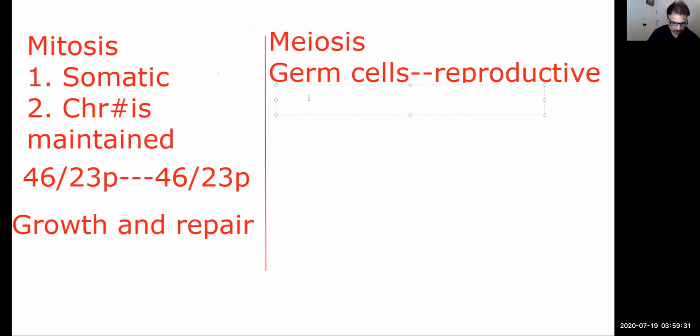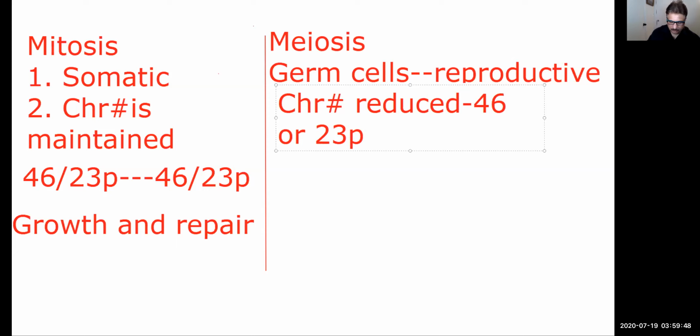In meiosis, the chromosome number is reduced. What do I mean by that? From 46 or 23 pairs, the chromosomes are reduced to only 23. So the mother's egg and father's sperm contain 23 chromosomes each, and when they fuse during fertilization, they go back to 46.